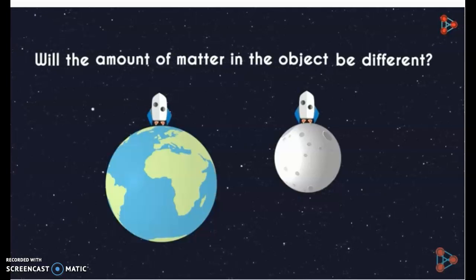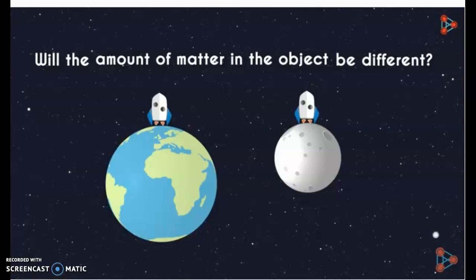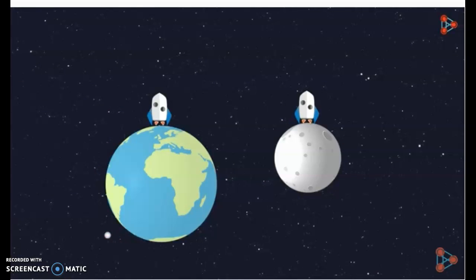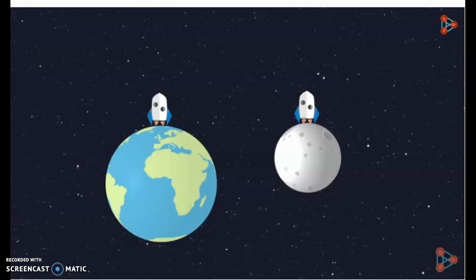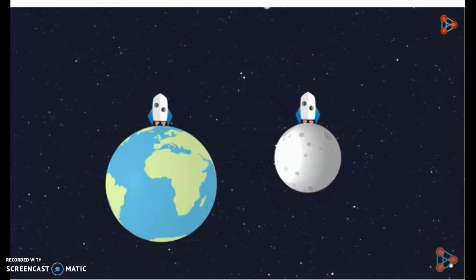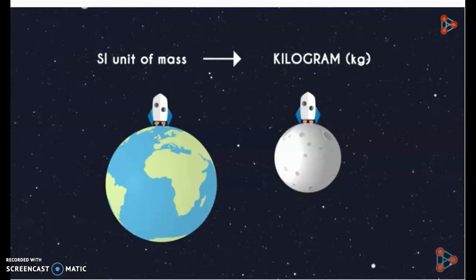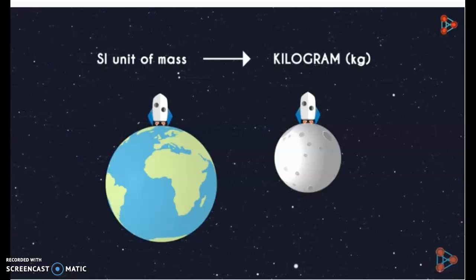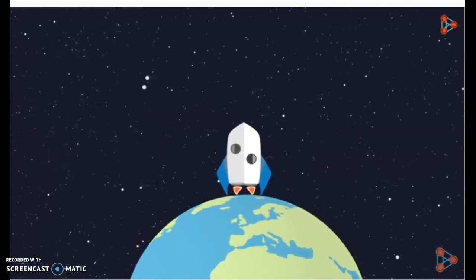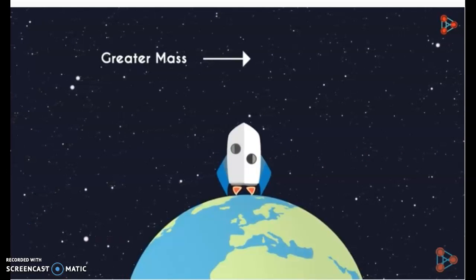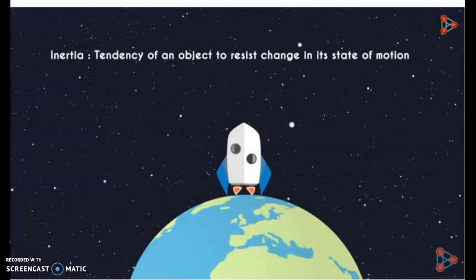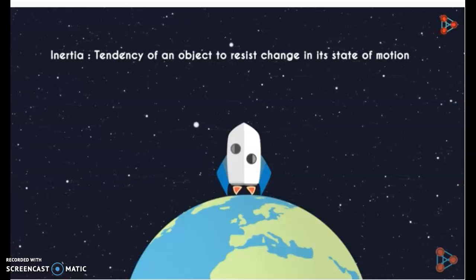Will the amount of matter present in the object be different in these cases? Absolutely not. The matter in the object is not changing at all, which is why the mass will be the same in each of the cases. The mass of an object remains constant no matter where it is placed. The standard metric unit of mass is the kilogram. Another concept we'd learnt about an object's mass was that it is a measure of its inertia. Greater the mass of an object, greater will be its inertia. Inertia is nothing but the tendency of an object to resist change in its state of motion.